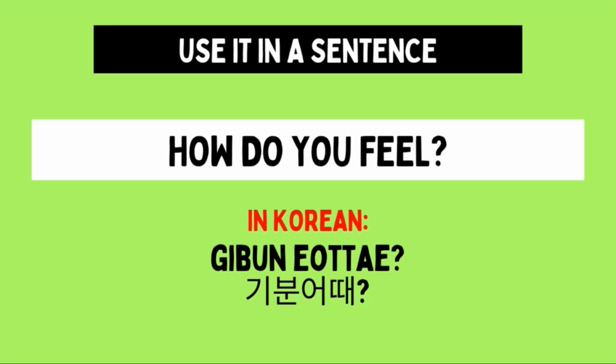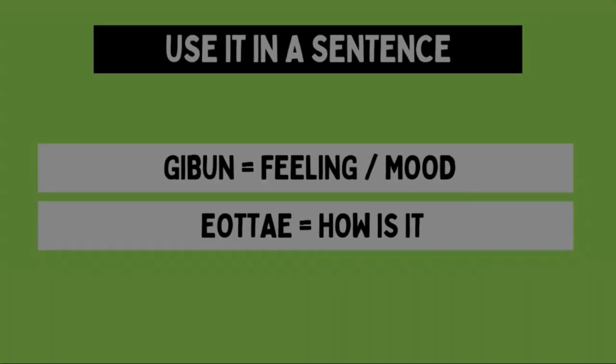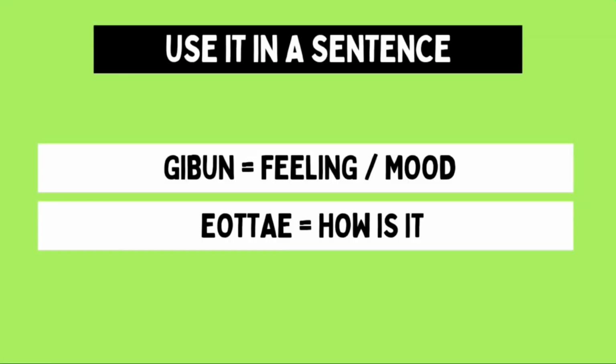So let's look into the details of this Korean translation. GIBUN is our word for today, and as mentioned a while ago, it pertains to feeling or mood. And the second part of the translation is 어때. This is already discussed on this channel, and it is used to ask, how is something? So when we say GIBUN 어때, we're actually asking a question here, which is, how is your mood or how are you feeling?